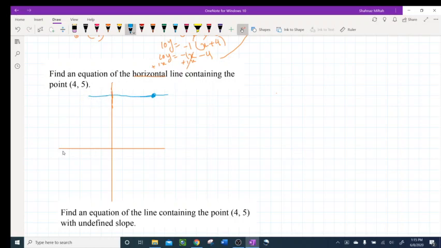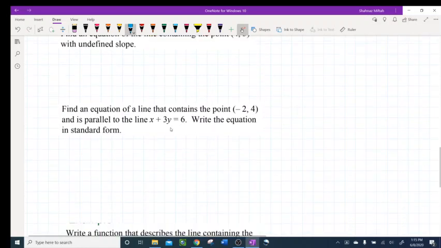So find equation of the horizontal line containing the point. That's a horizontal line, that's a point. How do I write the equation for this? Do you see it's crossing through 5 on the y-axis? So my equation is y equal 5. Y equal graph always goes horizontal. X equal graph always goes vertical.